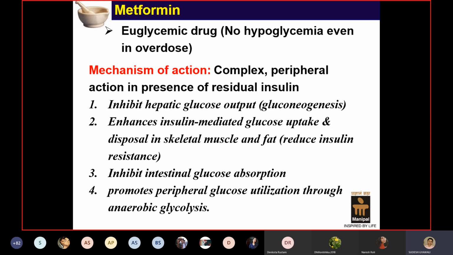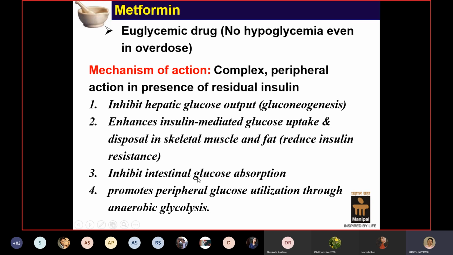So what it does is facilitation of the insulin-mediated action. So in the body, the production of glucose will be less, and whatever glucose is there in the blood will enter into the skeletal muscles and other fat tissue. So peripheral utilization or entry of glucose from blood into the tissue will be more. So blood glucose level will decrease.